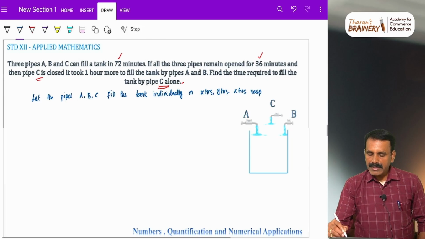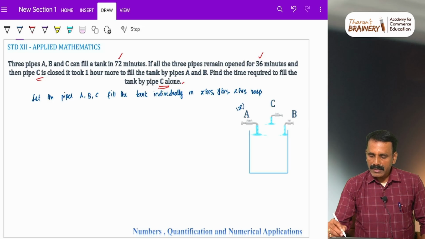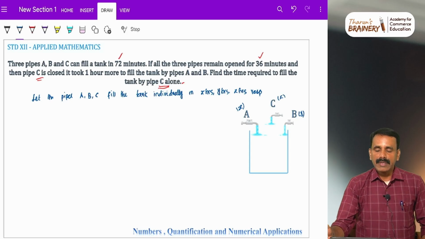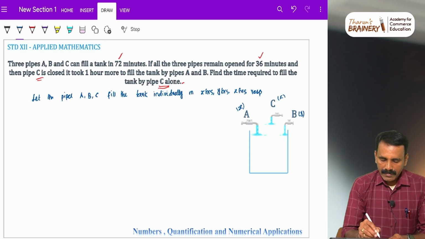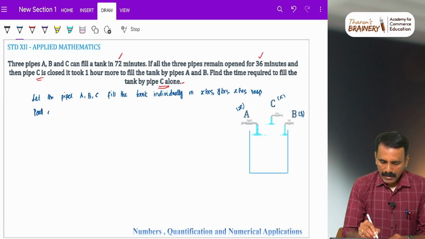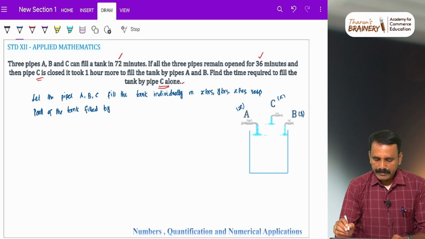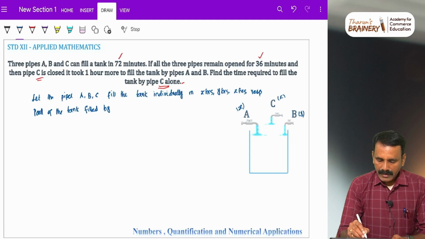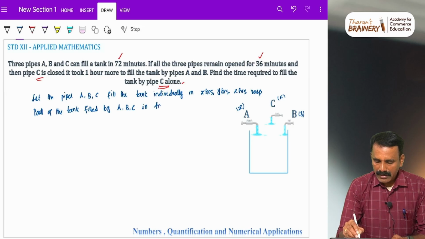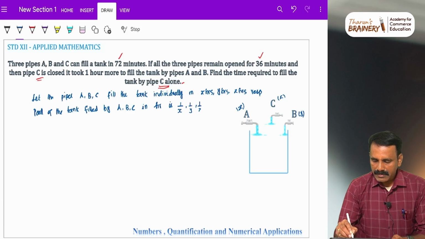That means A takes X hours to fill the tank, B takes Y hours, and C takes Z hours. Then the part of the tank filled by A, B and C in 1 hour is 1 by x, 1 by y, 1 by z respectively.